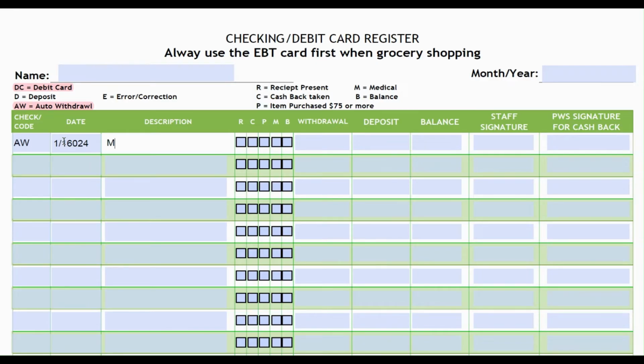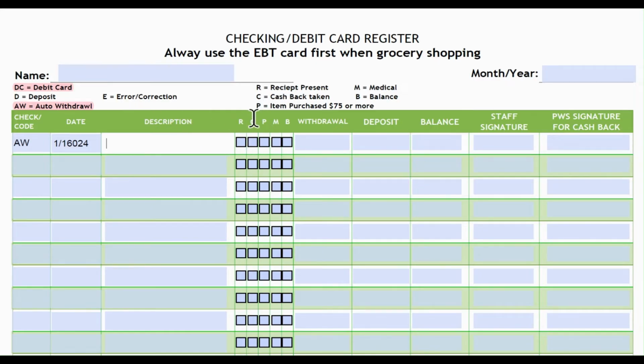So that's where you're going to write in like McDonald's, or actually, this is an auto withdrawal. So it's most likely going to be Amazon Prime subscription, or another common one is, like PSE might be set up on auto pay, Xfinity. And for those, we do require a receipt.